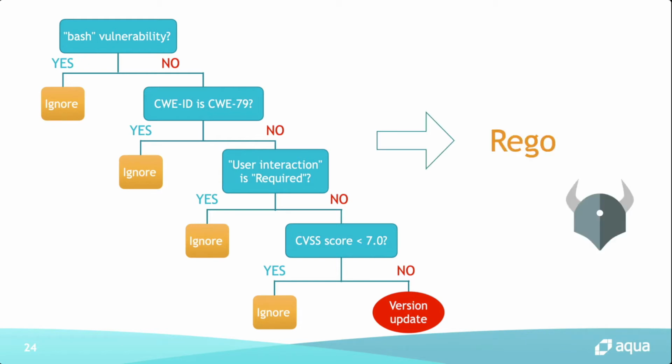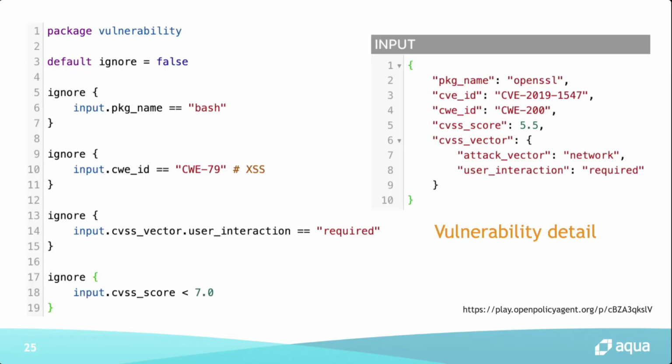The policy written in Rego should be like this. On the right, you can see the vulnerability detail of the input. You can see the package name, CWE ID, CVSS score, vector. On the left, we can see the pretty simple rules.